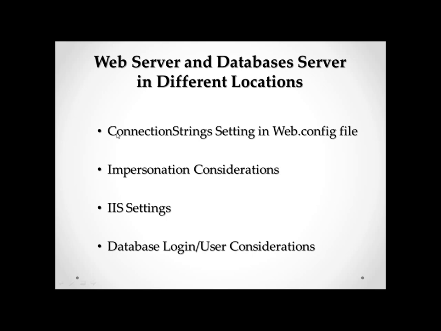The first one we consider is connection string settings in your web.config file. You also consider impersonation. Then we look at settings for the IIS, Internet Information Service. We also look at database login and user considerations.